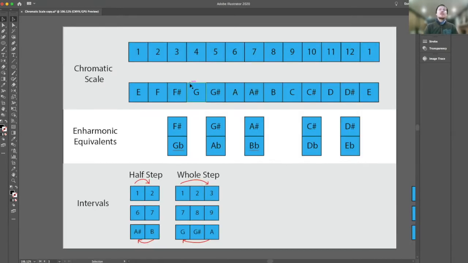octave. And the reason why I have two different rows here with numbers and letters is because it can be helpful to think of the chromatic scale, or the notes in music, both as numbers and as letters. As numbers, just in the sense that you'll see that they are transferable.